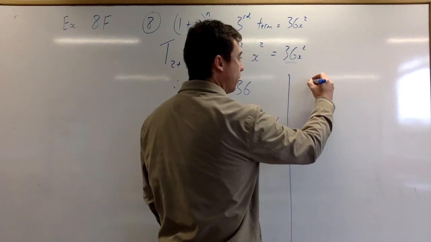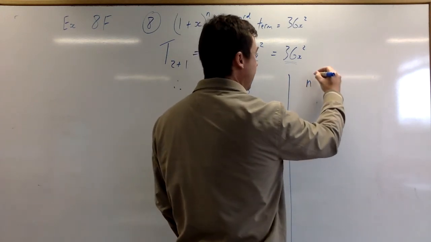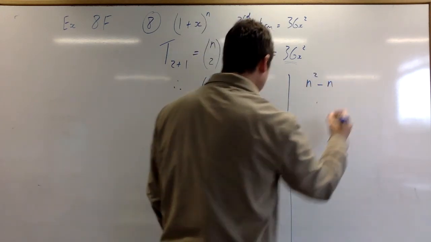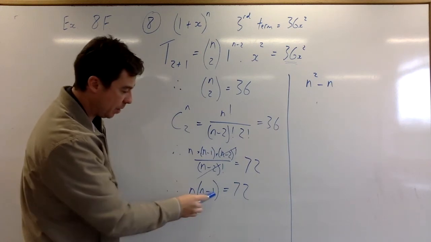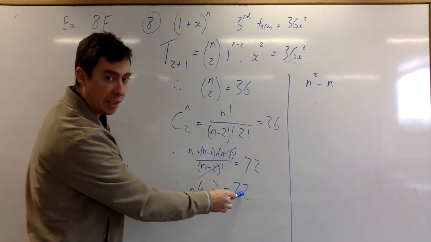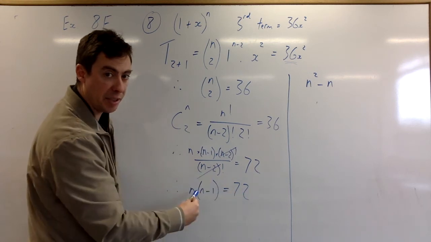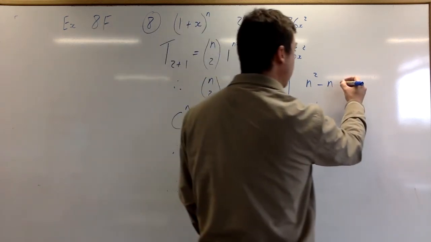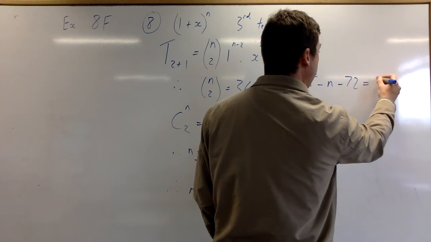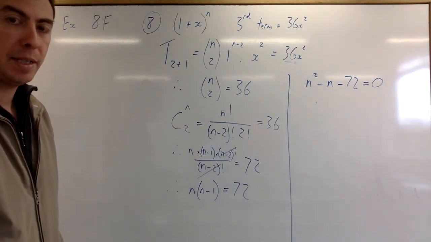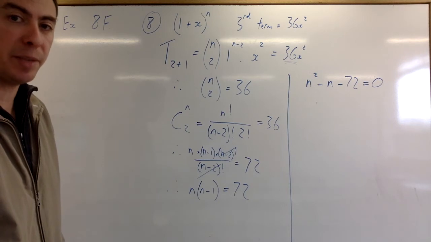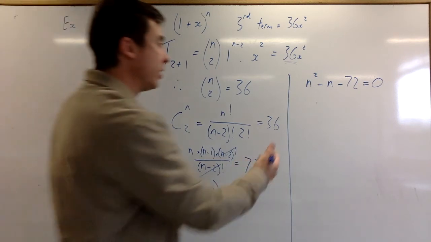You could say n squared minus n, so I'm expanding, n squared minus n equals 72. Let's make it equal to 0 so we can solve it. Minus 72 equals 0. Now we can factorize this. We don't have to use quadratic formula. We can factorize it.